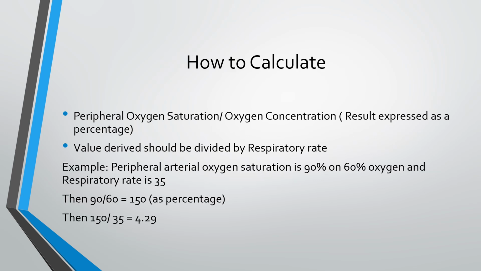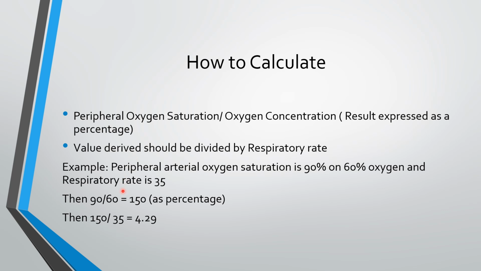How do we calculate it? For calculation of this index, the parameters considered include the ratio of peripheral oxygen saturation and oxygen concentration, which is expressed as a percentage, and the value derived should be divided by respiratory rate. Let us understand by an example.